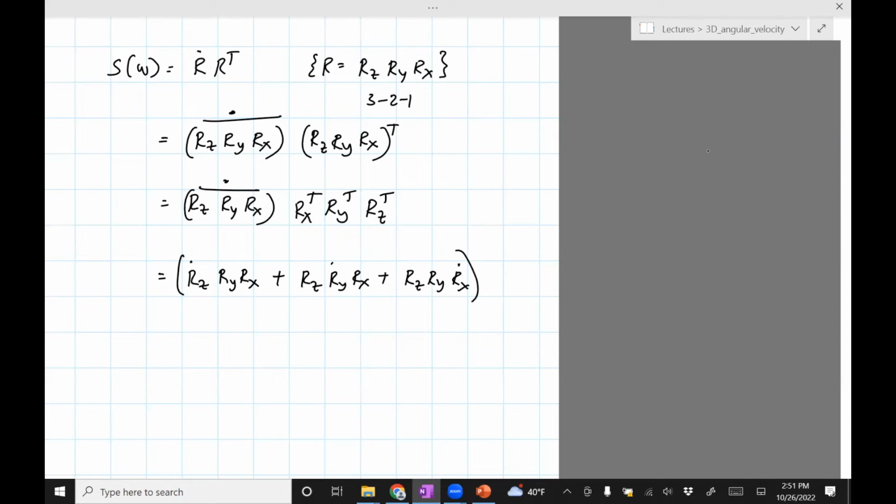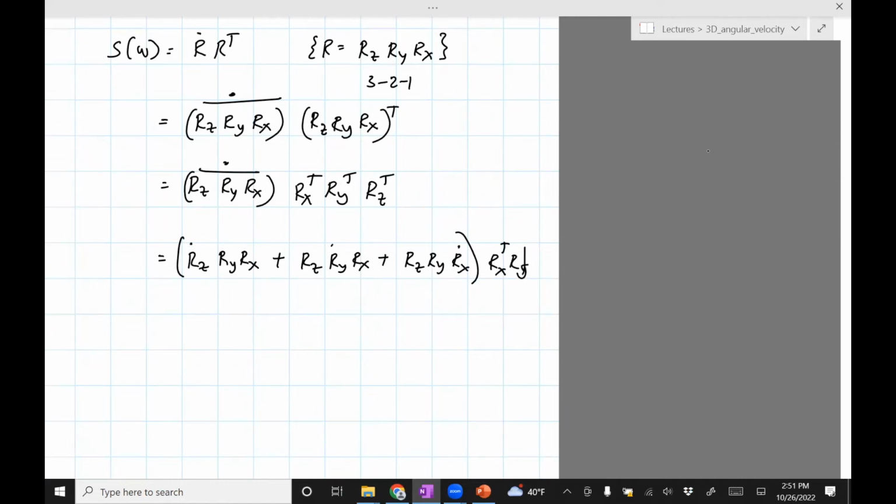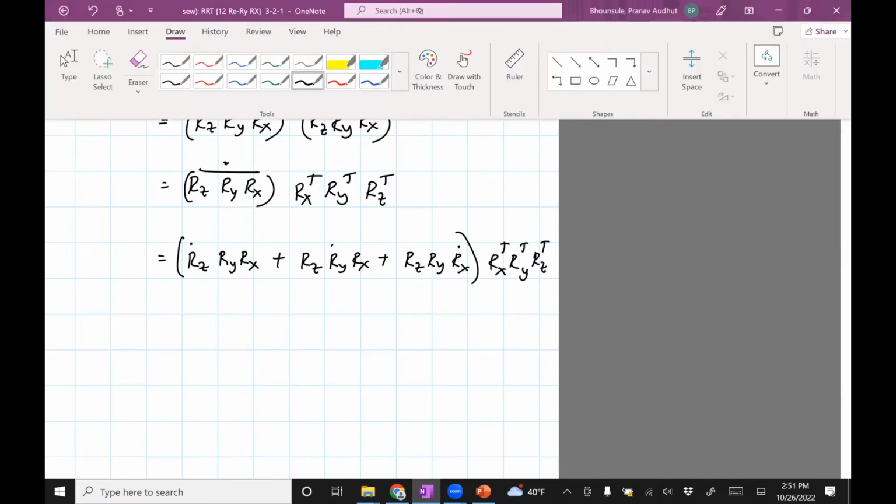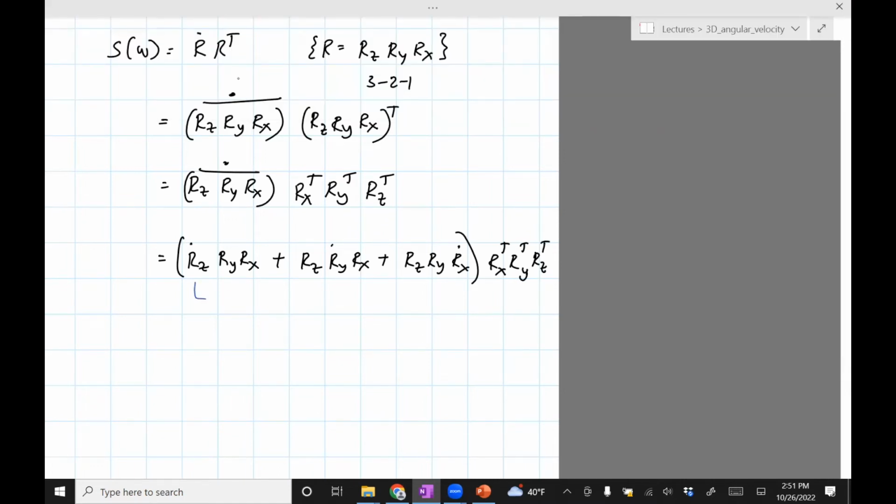All of that is part of the derivative. And then I have RX transpose, RY transpose, RZ transpose. Okay, so let's do it one by one.